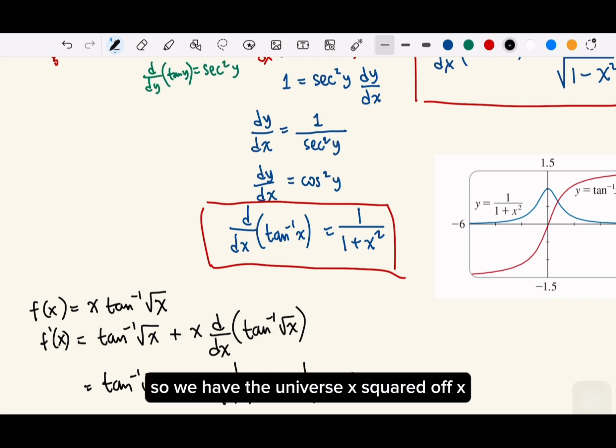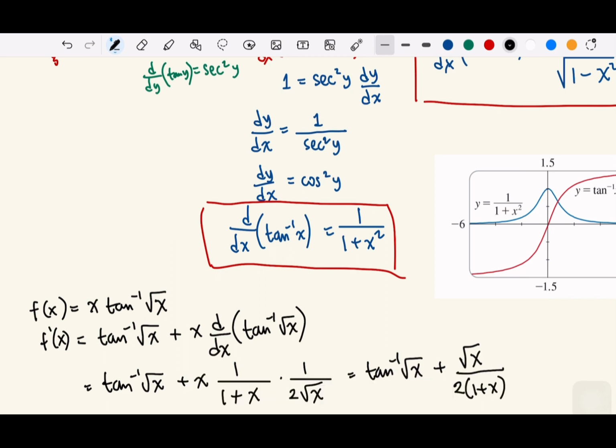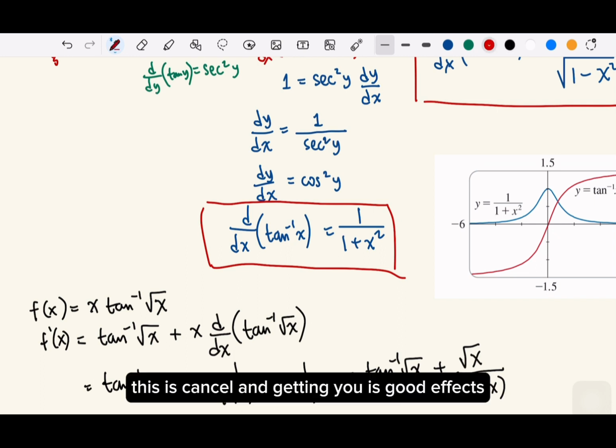So we have tangent inverse square root of x, plus square root of x divided by 2, 1 plus x. This is cancelling and giving you square root of x.